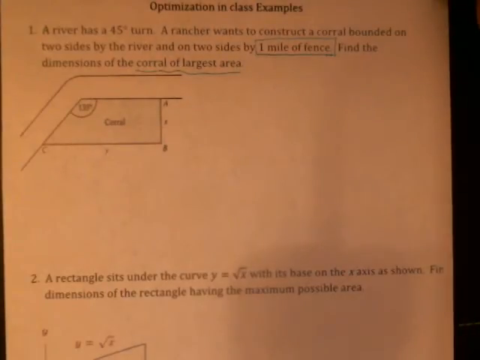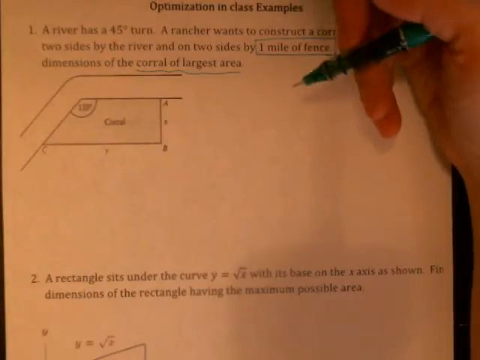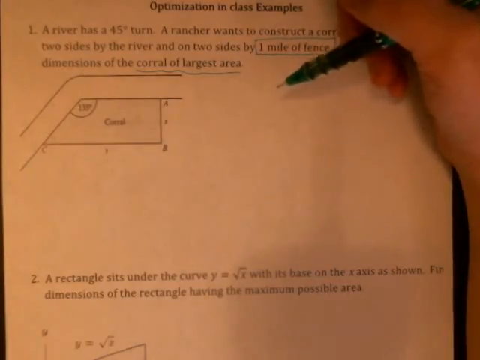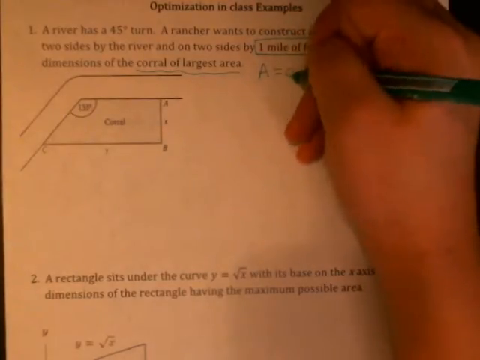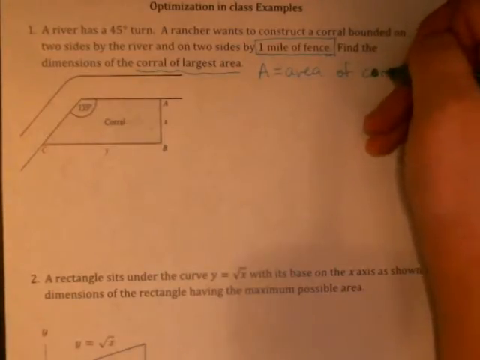First thing, we can pick out one of our variables. It's really a freebie. Whatever it is we're trying to maximize or minimize, that's what we want one of our variables to represent, and that's what we want our function to be. So let's say A equals the area of the corral.